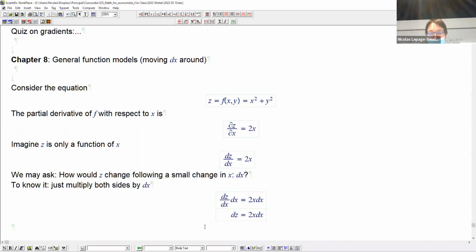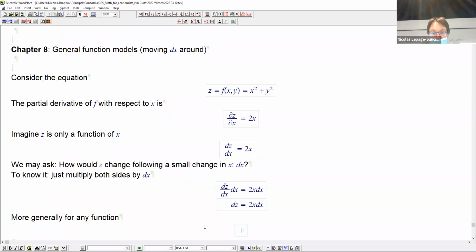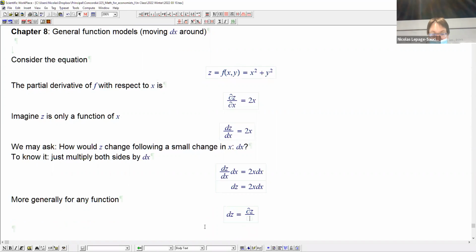So more generally, for any function, I would have something like dz equals the derivative of z with respect to x times dx.